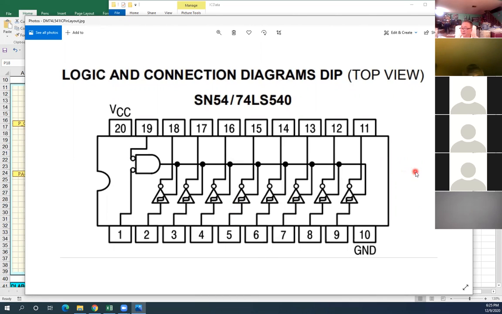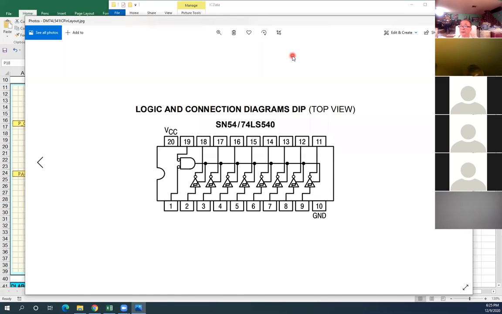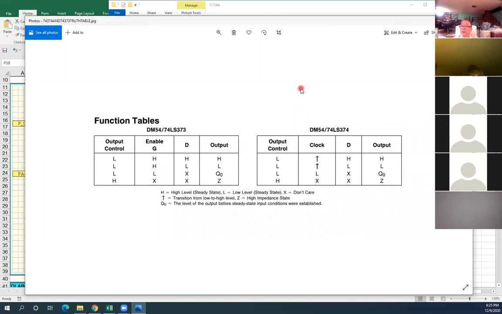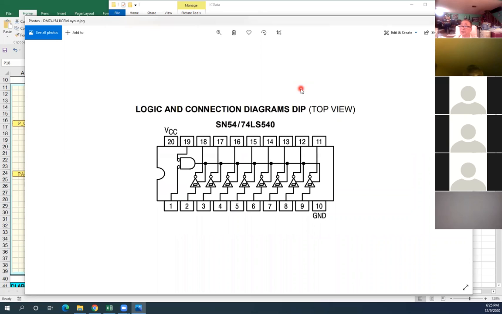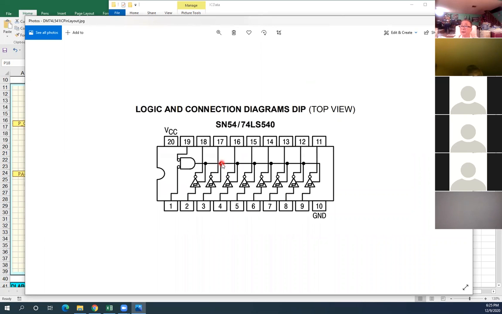Let's see. Mr. Pham, they don't have any data in here. They just have the IC. Let's see, I can see another one here. 244 here, 190.